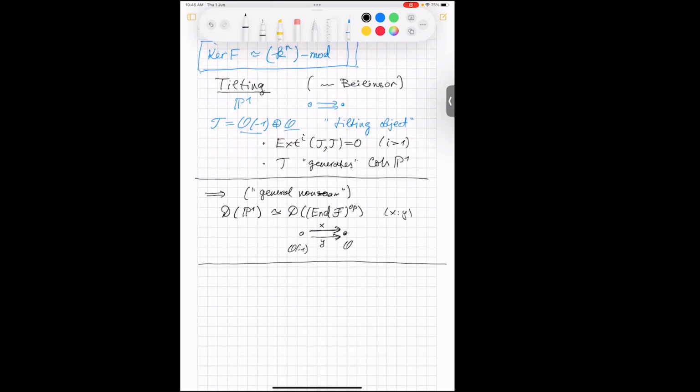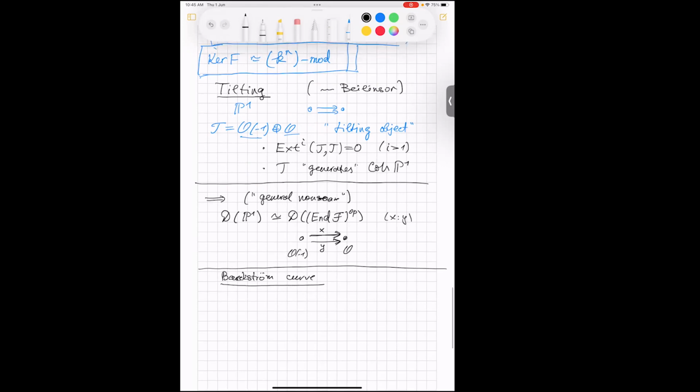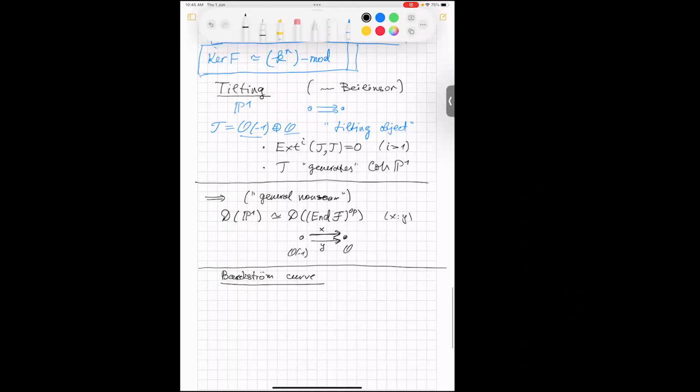Now the same can be done, actually, for a Backström ring, a Backström curve. But it is a bit more complicated. First of all, in the commutative case, I suppose that our Backström curve is rational, which means that the normalization is just a union of projective lines.